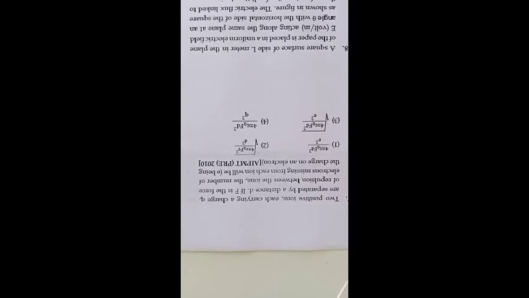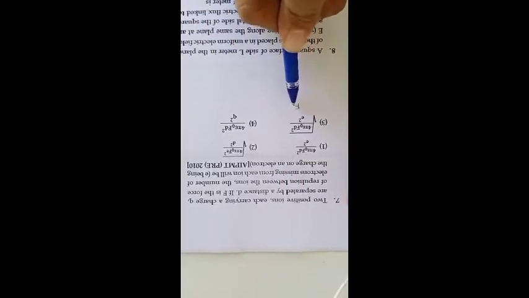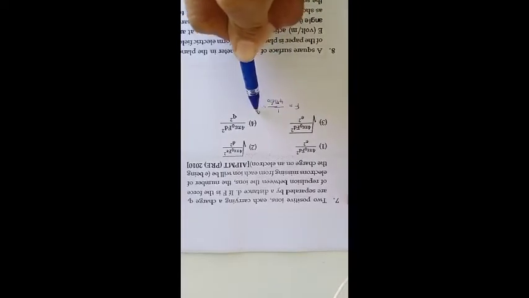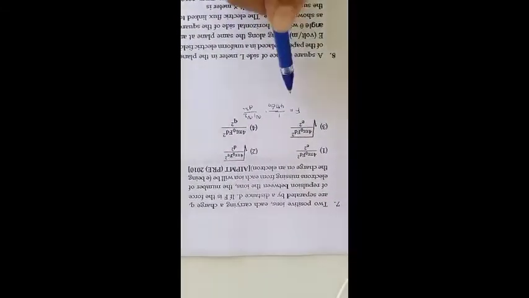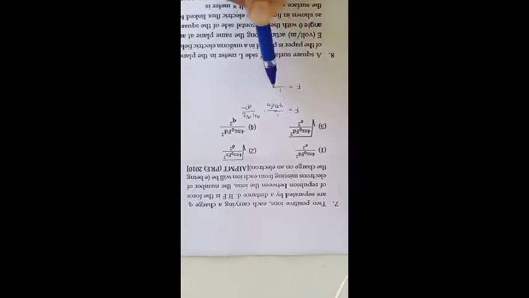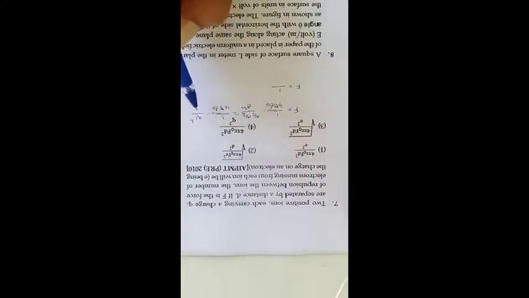Here it is a simple question only. Force between the two charges, what is the formula? F is equal to 1 by 4 pi epsilon naught Q1 Q2 by D square. This is the force between the two charges. So I am writing it as, we know this is Q into Q, same charges. 1 by 4 pi epsilon naught Q into Q will be Q square by D square.